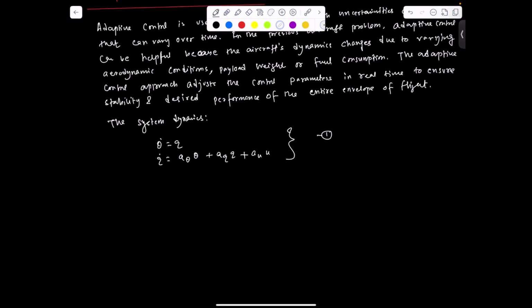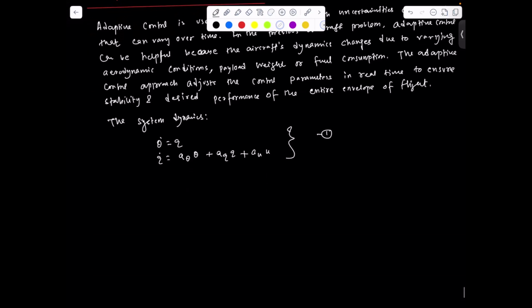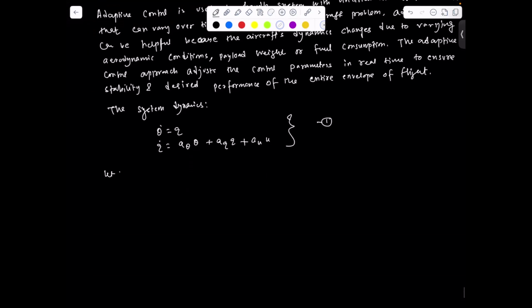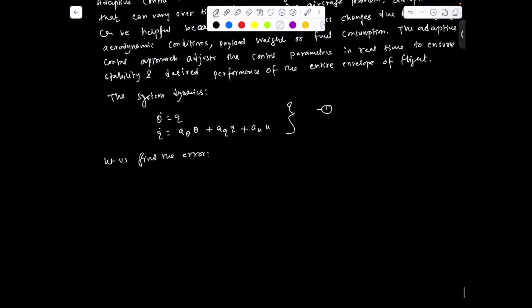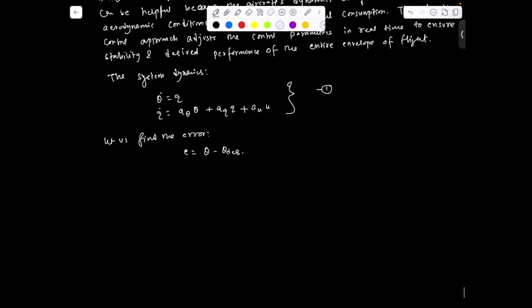Here, first, let us design the control U using sliding mode control. Let us define the error e equal to theta minus theta d.